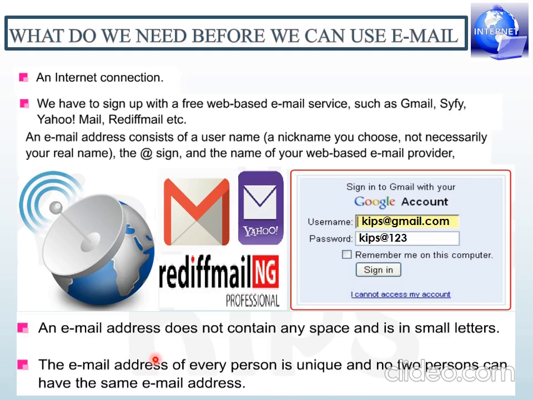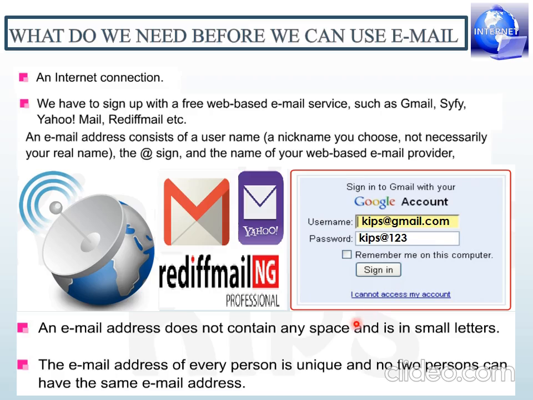Okay. And a tip: an email address will not contain any space in between. Every email address is unique, and you will not have the same email ID as anyone else.